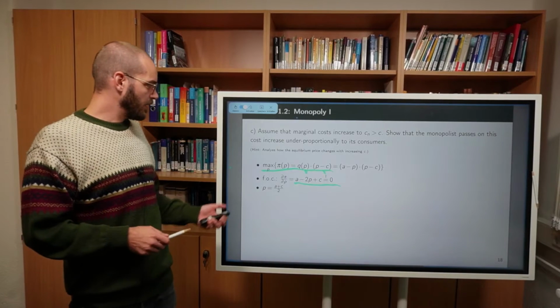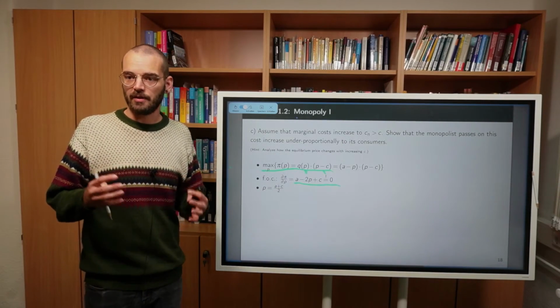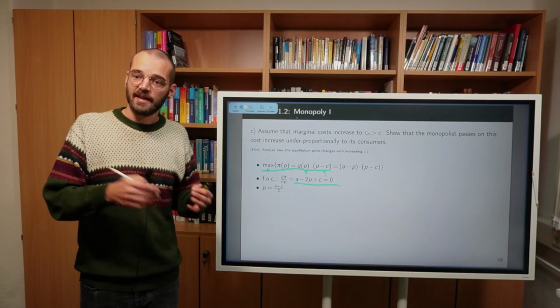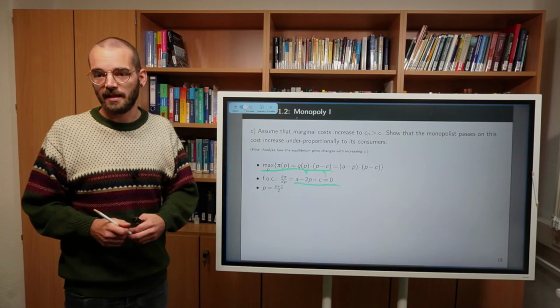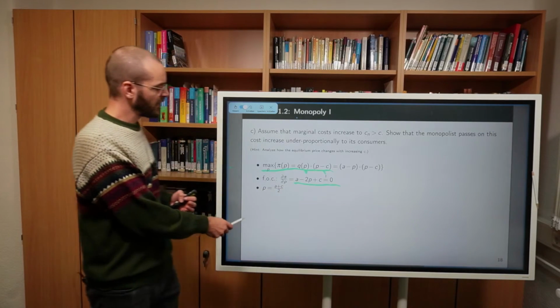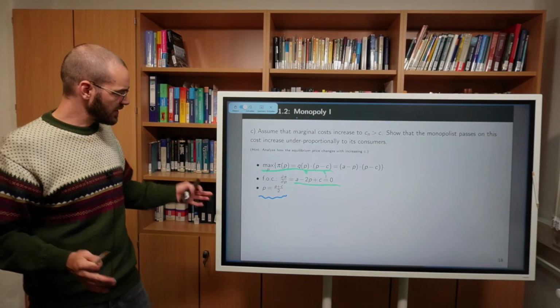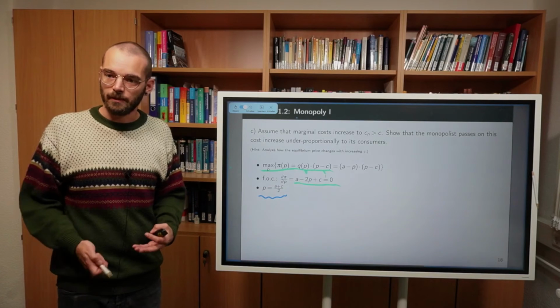If we now want to analyze what happens with the price if marginal costs change, it is of course handy to find an expression where price is on the one hand side and marginal cost is on the other side, right? So we simply rearrange this first order condition so that we find the equilibrium price in the monopoly, which is simply P equals A plus C divided by 2.